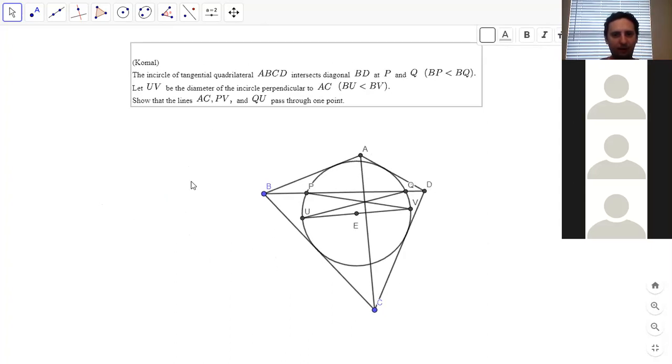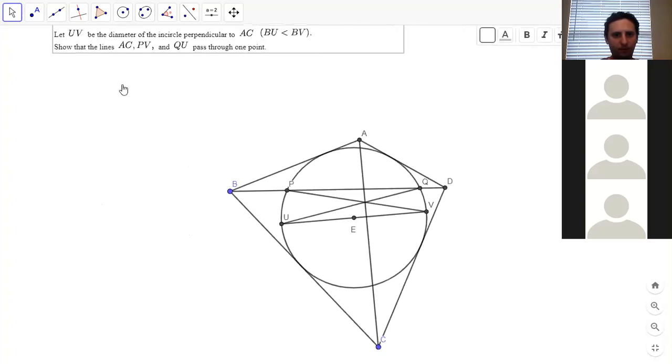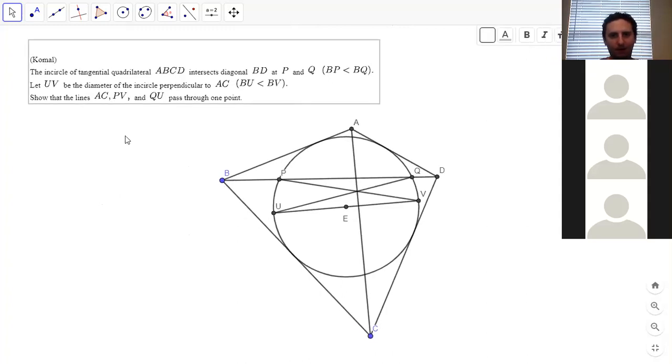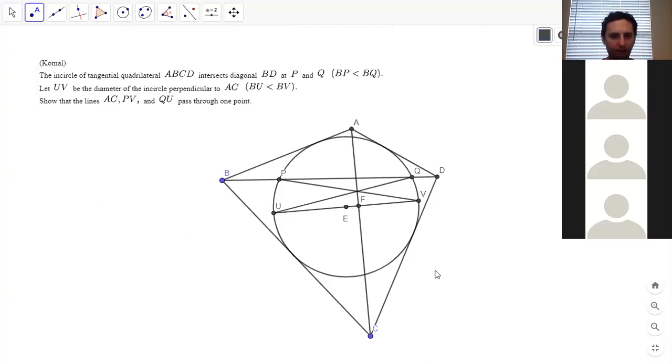Make it bigger, a little bit bigger. Call that point F. I think we might have done this before. I don't remember.